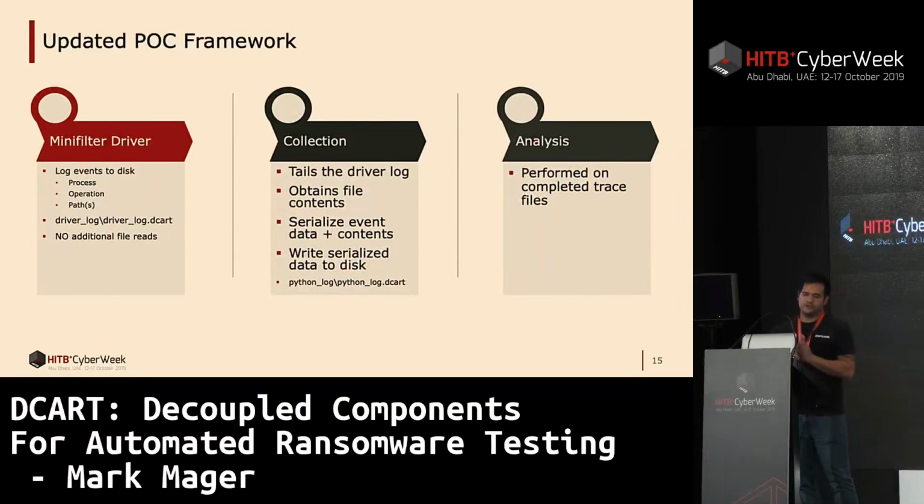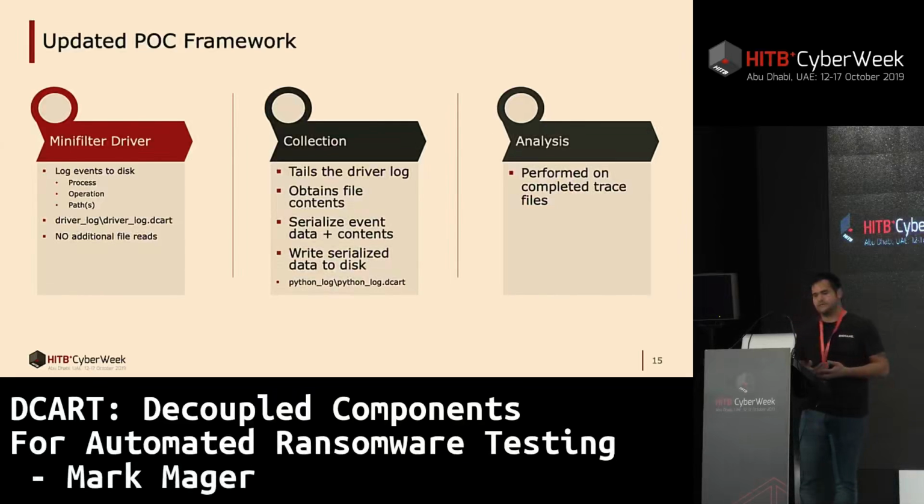So with the mini filter driver in mind, we'll revisit the framework that I'd already mentioned before. With the mini filter and us operating in the kernel space, we're going to reduce the complexity of that initial listening component. So all we're going to gather from the mini filter is the process ID, the operation for the event, along with the affected path or paths.